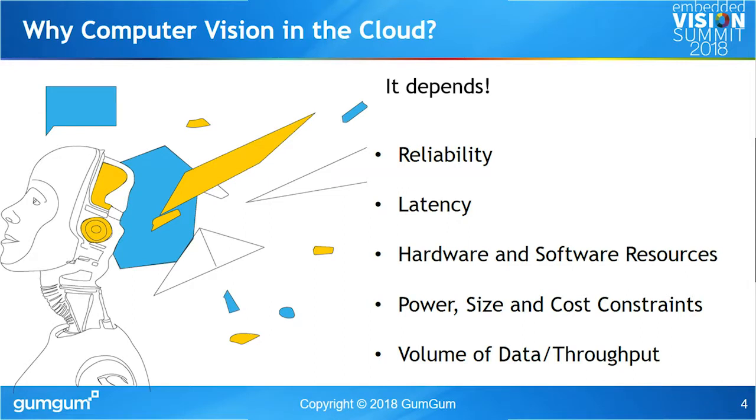Now, latency is definitely an issue in the cloud, but if your application is not going to be critically affected by minor outages in connectivity, we can definitely benefit from a lot of features of the cloud, such as the availability of a plethora of hardware and software resources, not having to worry as much about power, size, and cost constraints, and above all, the most important benefit of using the cloud is being able to create solutions that service very high volume data or throughput.